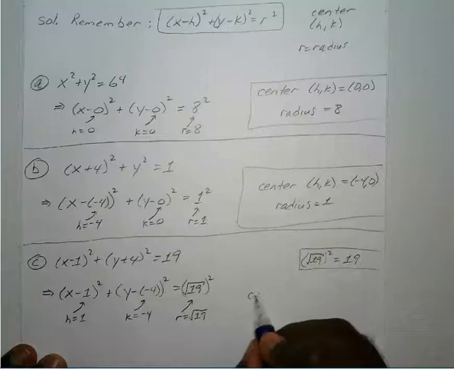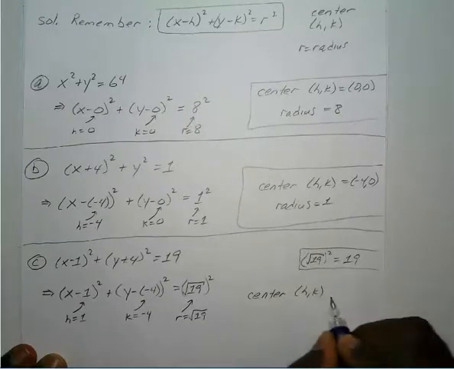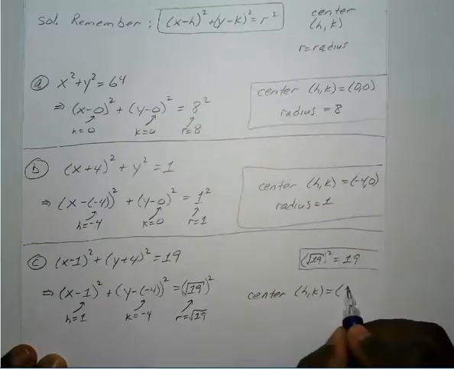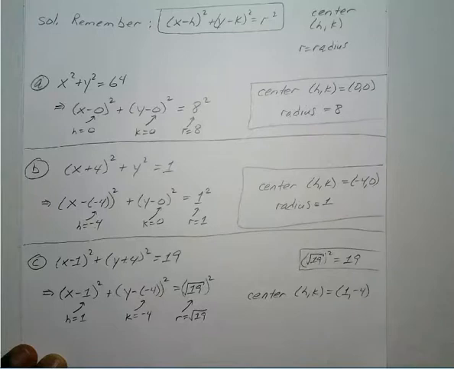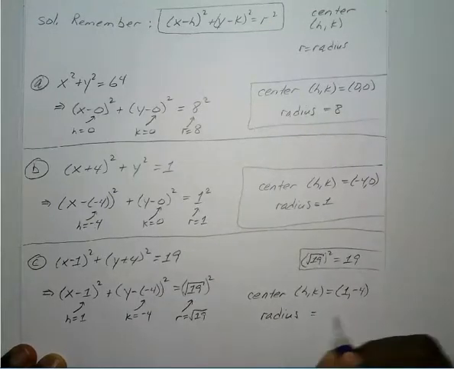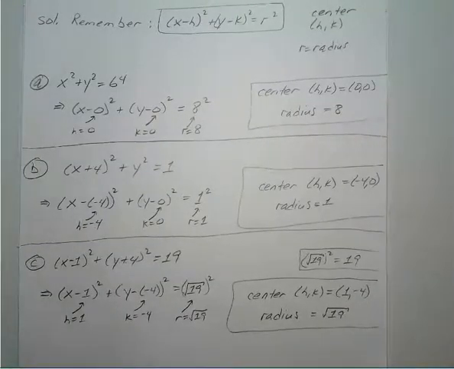Okay, so we know that our center, which is our h, k, is equal to 1, negative 4. And our radius is equal to the square root of 19. Okay, so those are just a few ways you may see that particular type of problem.